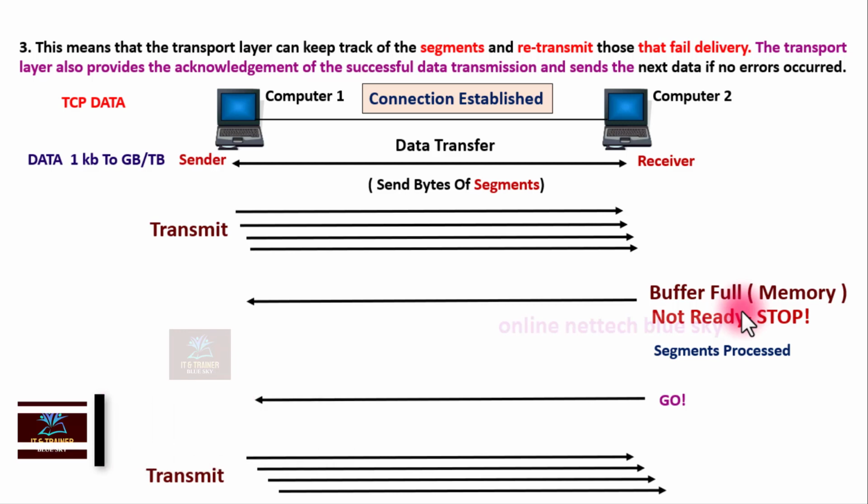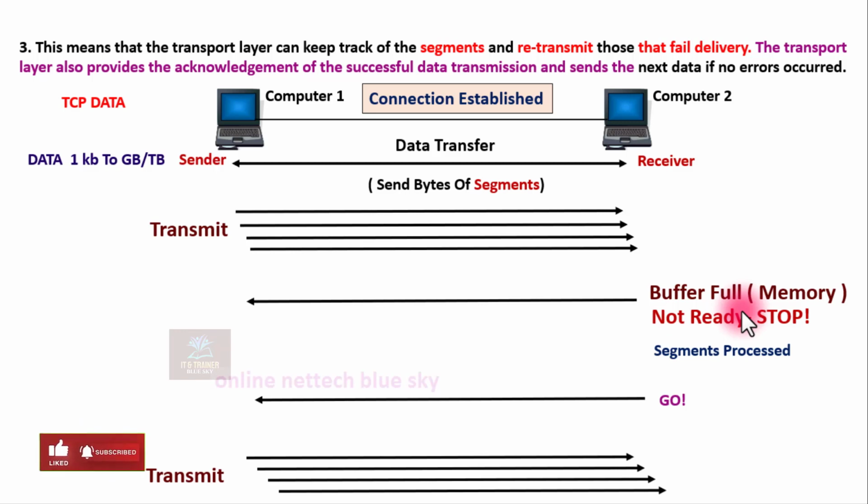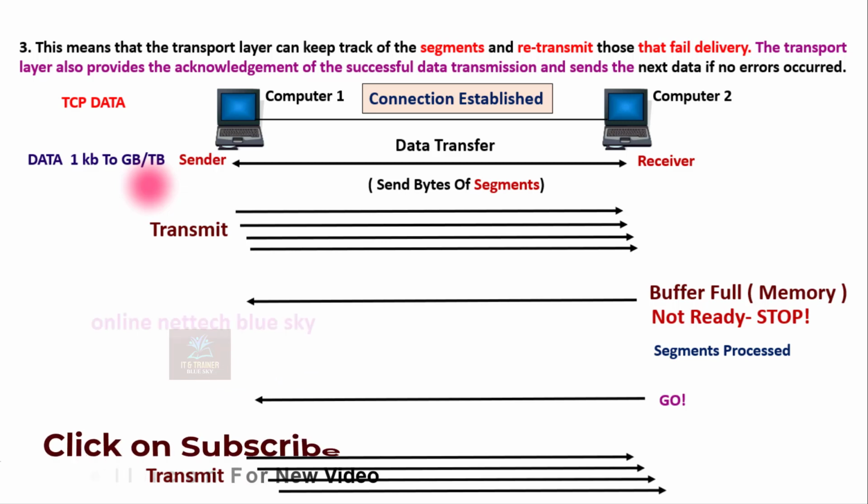So that is one type of complete transfer from one side to another, from one computer to another computer, and the same from a computer to a switch or to another switch, and from a server to another internet connection. All of the data transfer is done with segments too. Without the transport layer you cannot transfer data from one side to another on the internet; everything works on the transport layer's segment technology.